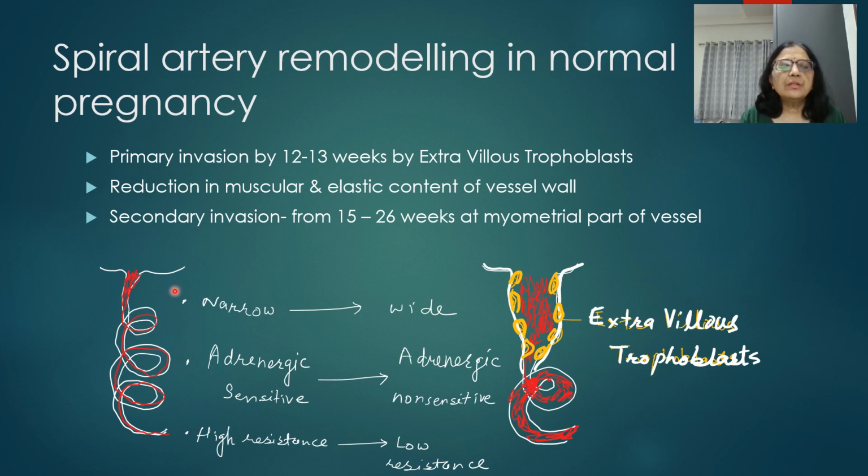With this change, the vasculature changes from narrow to wide, from adrenergic sensitive to adrenergic non-sensitive, and from high resistance to low resistance blood flow. That is why this invasion is very, very important for normal development of the placenta.